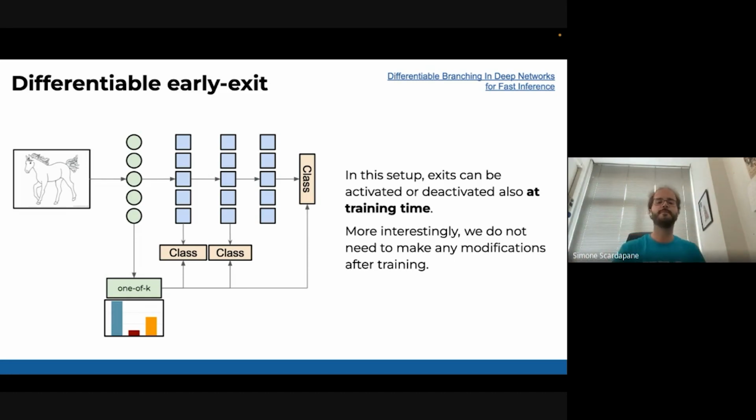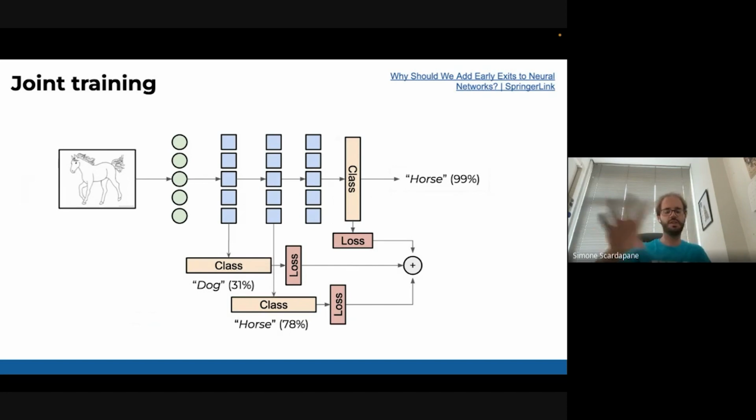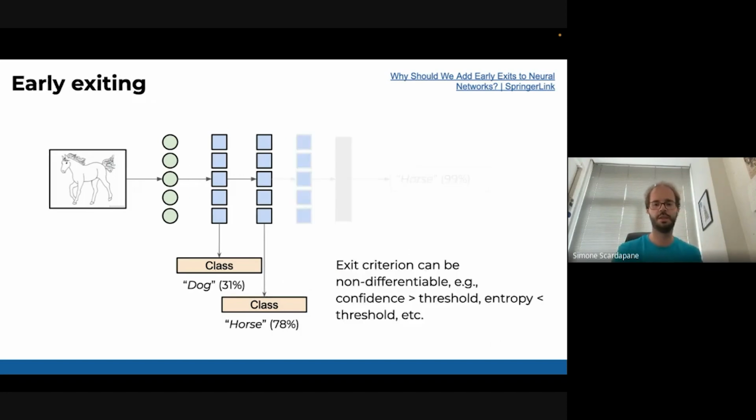It's nicer, but also, you see in this setup, each classifier is trained independently. We can't really tell the neural network that ideally we would prefer some exits. For example, if this classifier is already good, the network should prefer it, basically. And we have no way of telling it.